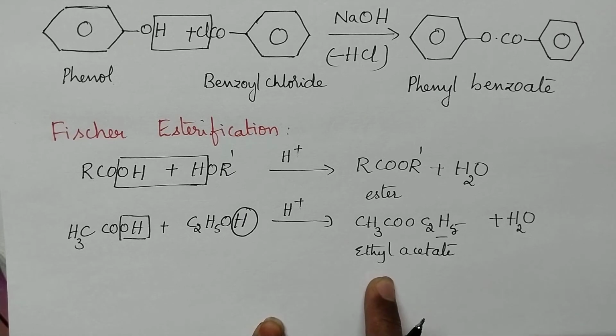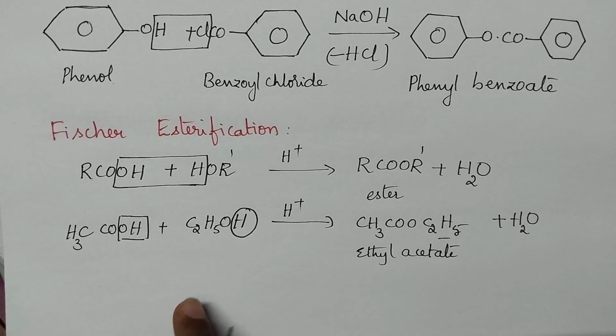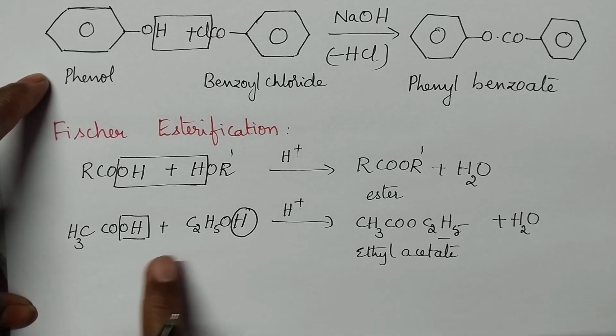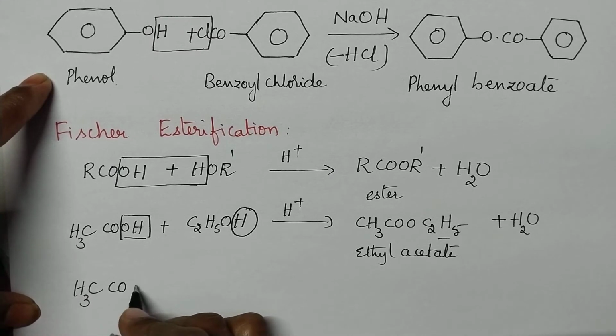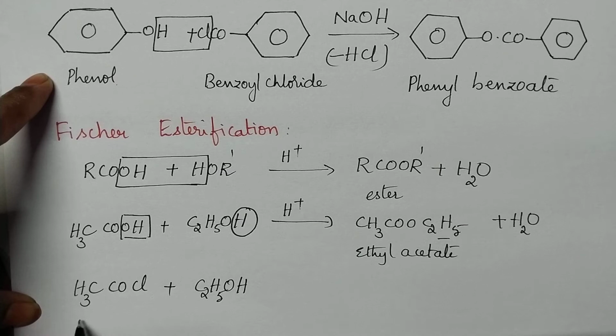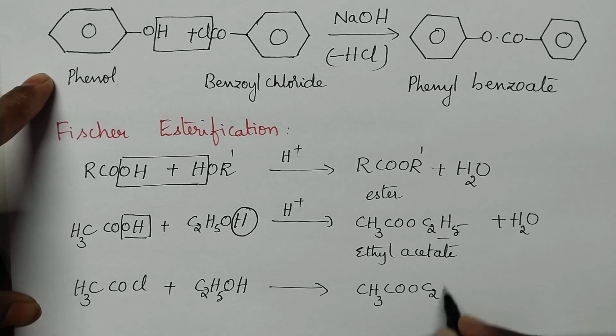Is it clear, students? And remember that it is also possible that alcohol, when treated with acid chloride, also results in the formation of ester. So in the place of acid, we can also use acid halide. So alcohols also react with acid halides, which also results in the formation of ester.